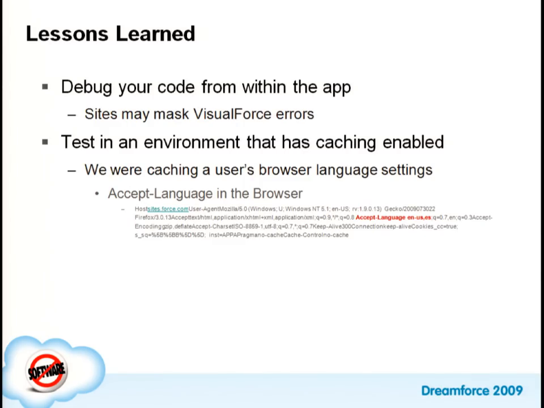And it turned out that the browser setting of your personal browsers, if you happen to speak Spanish or German or French, and you read all your websites in that language, was getting cached up to Akamai and being sent back down to other users. So big lesson for us was make sure you test your environments with caching turned on, which is something that we didn't do, but something that's really easy for you to put into your process.